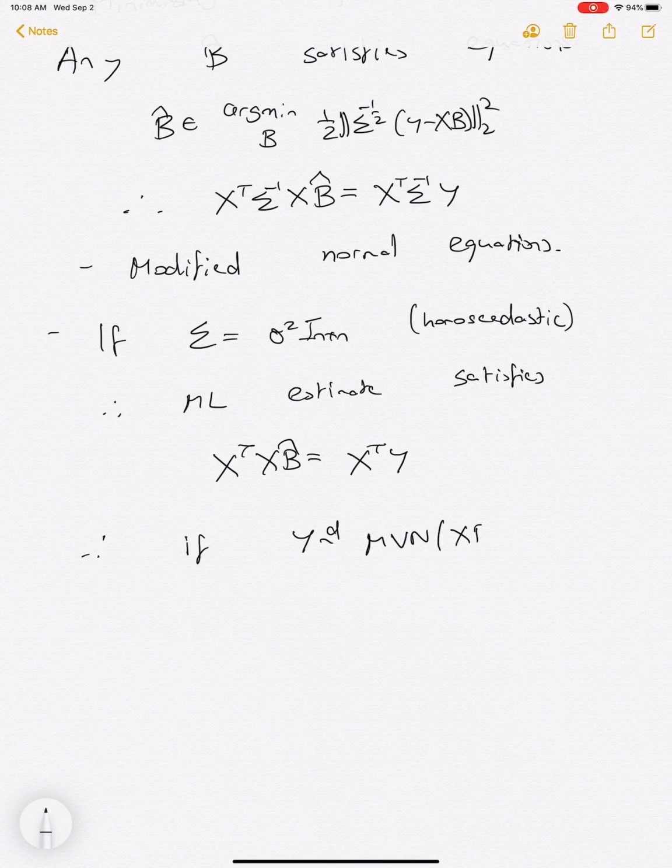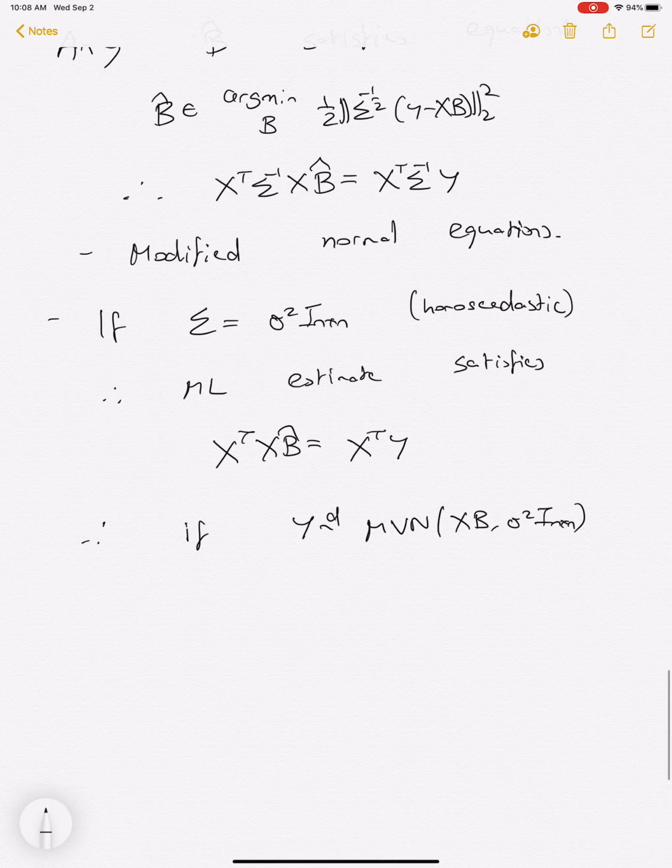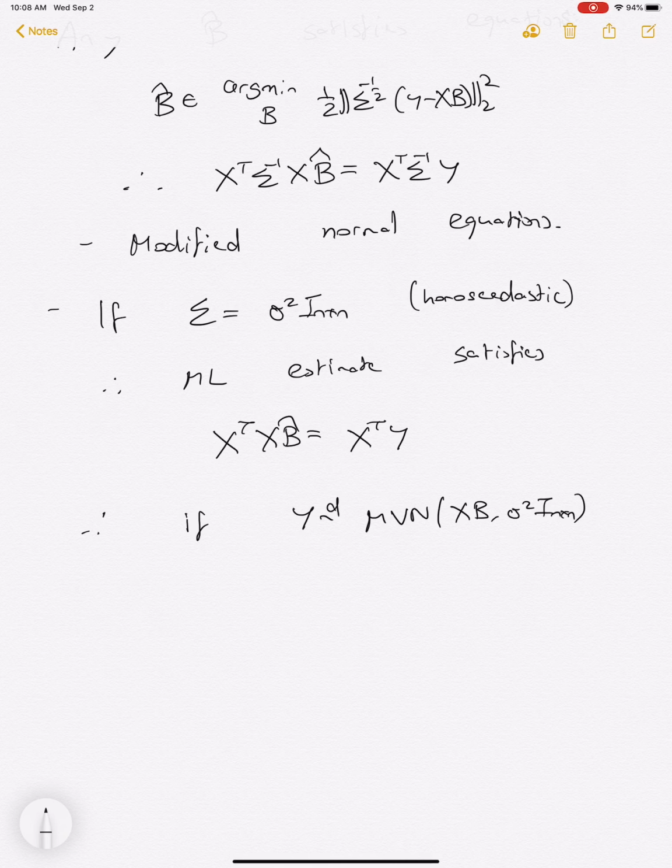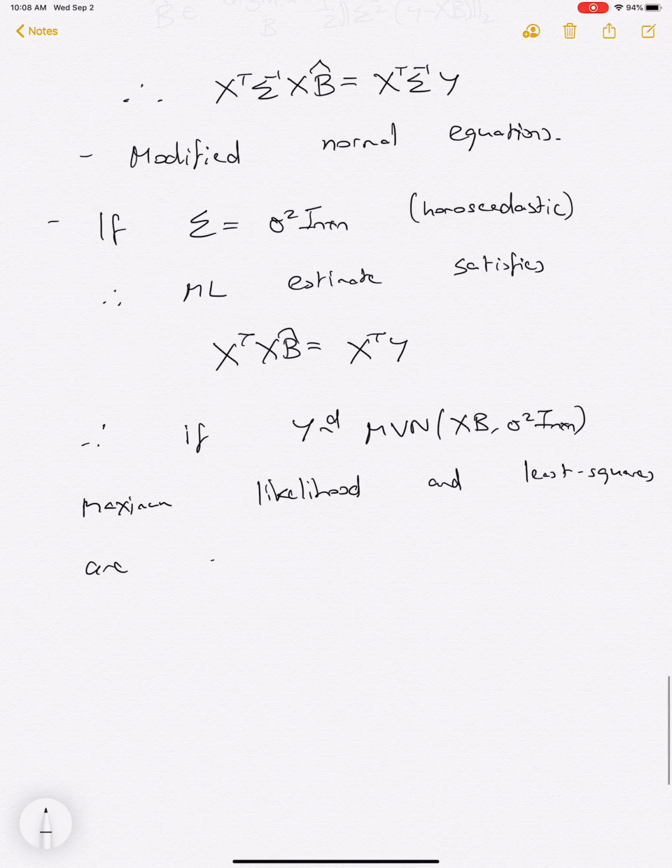If we're in this setting where we're in the multivariate normal setting with zero mean and an identity covariance times some sigma squared, maximum likelihood and least squares are equivalent.